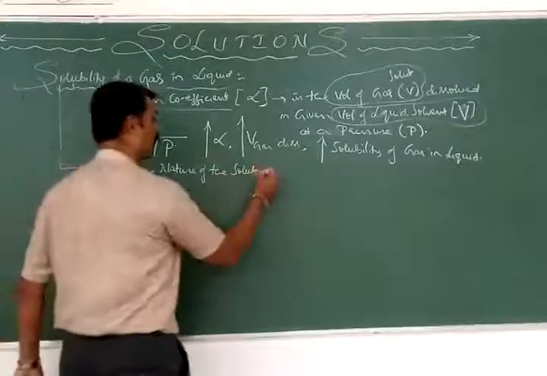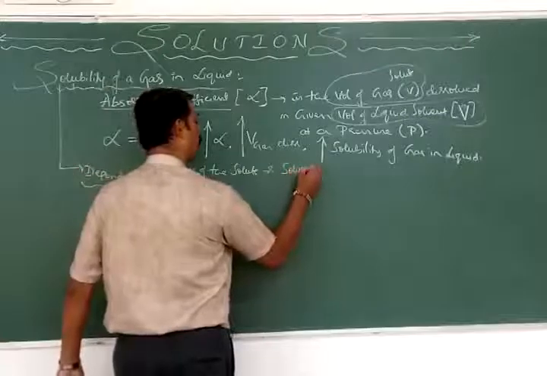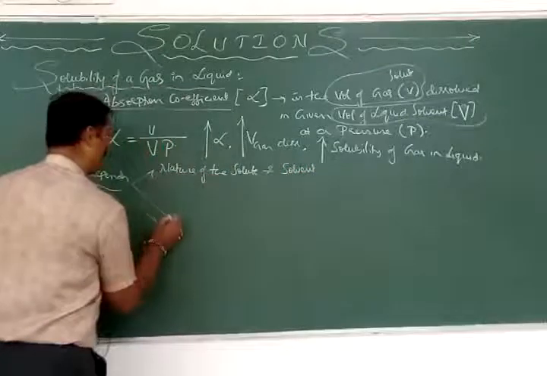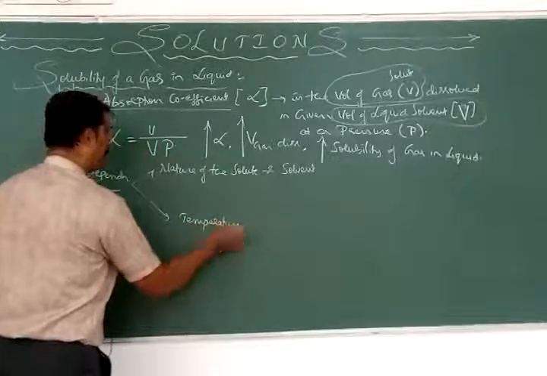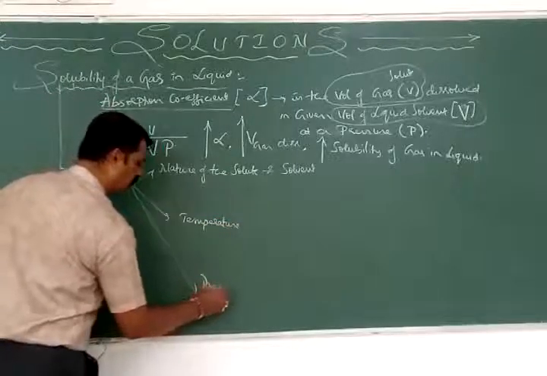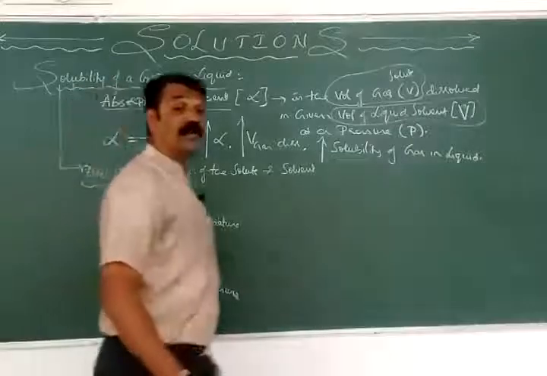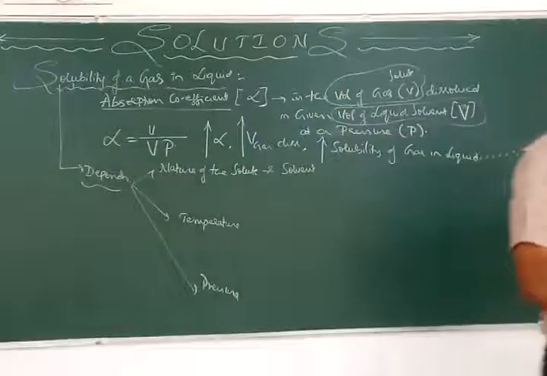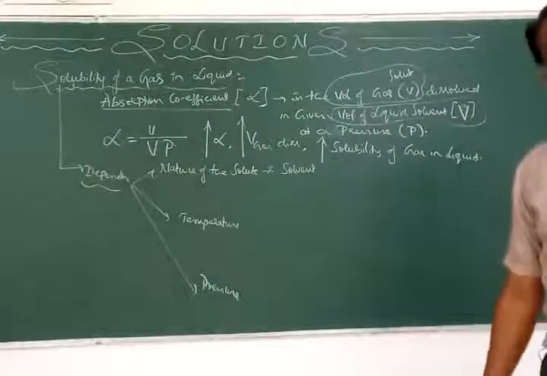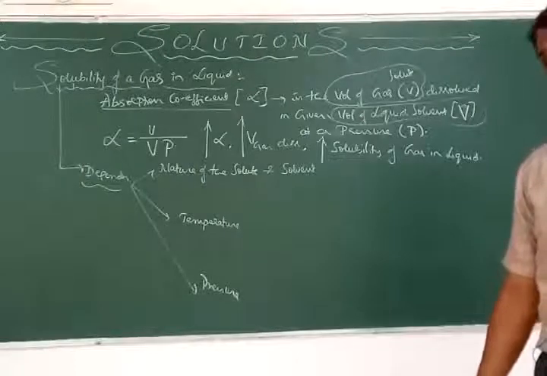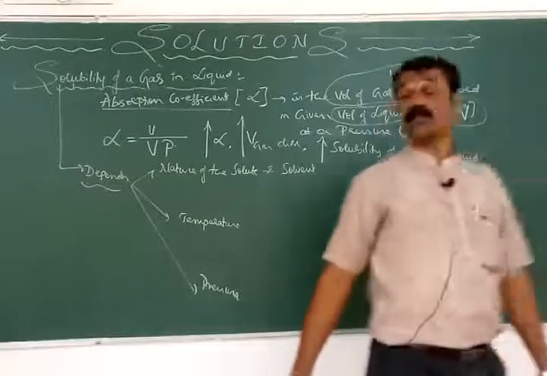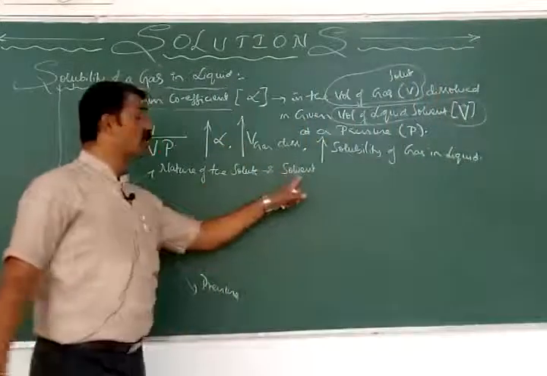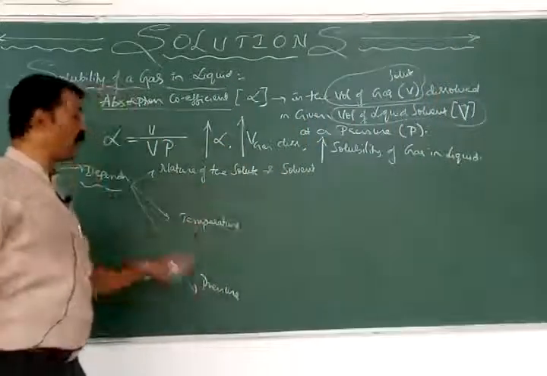Then we have the temperature. Then we have the pressure. In case of a solid in a liquid, it depends upon the nature of the solute and the temperature, but not the pressure effect. But in case of the solubility of a gas in a liquid, it depends on the nature of the solute as well as the solvent, and then the temperature along with the pressure.